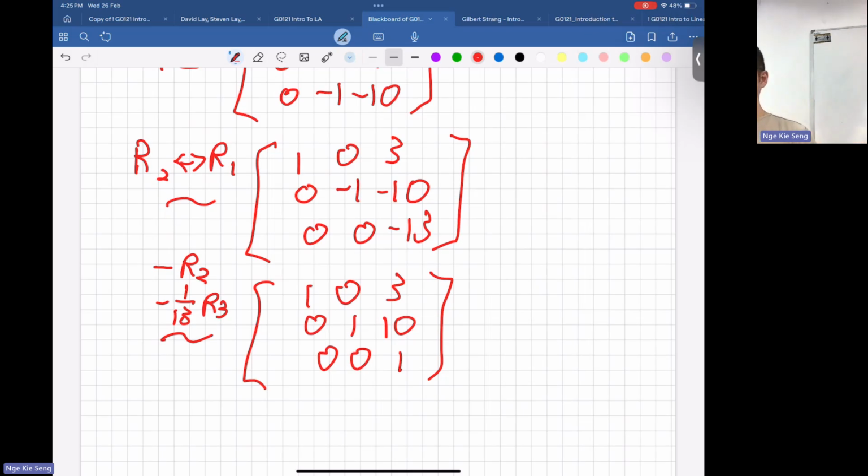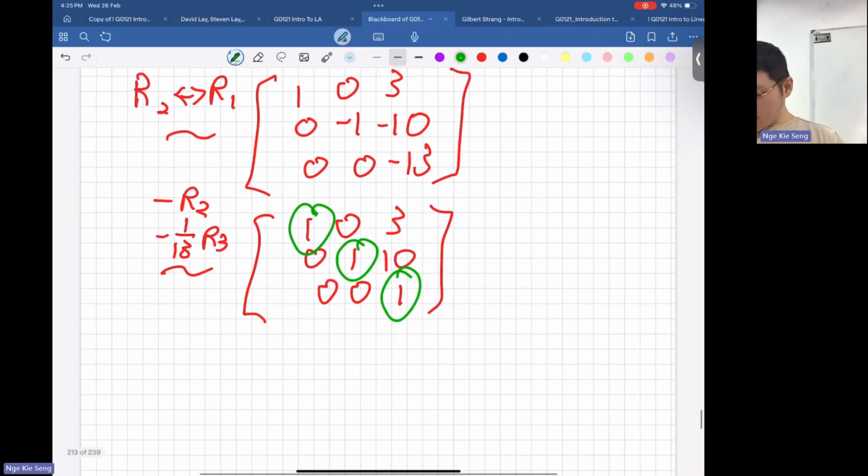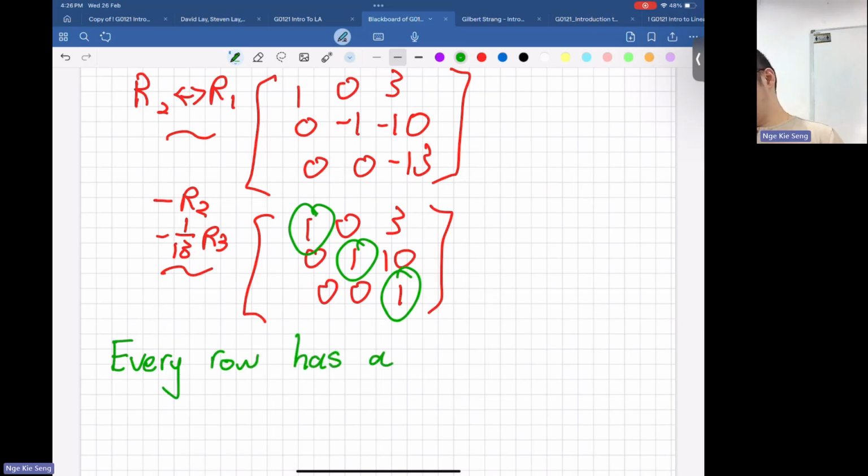What can you see here? 1, 2, 3. You see that every row has a pivot. So meaning what?